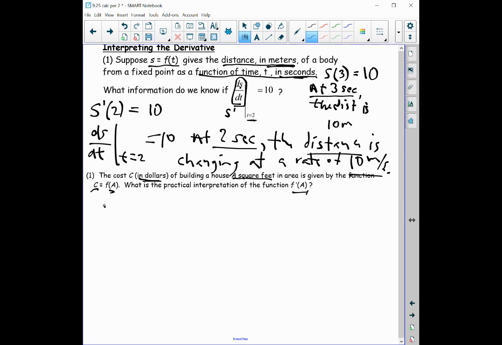So this is going to say at A square feet, the cost is changing at a given dollar per square foot.